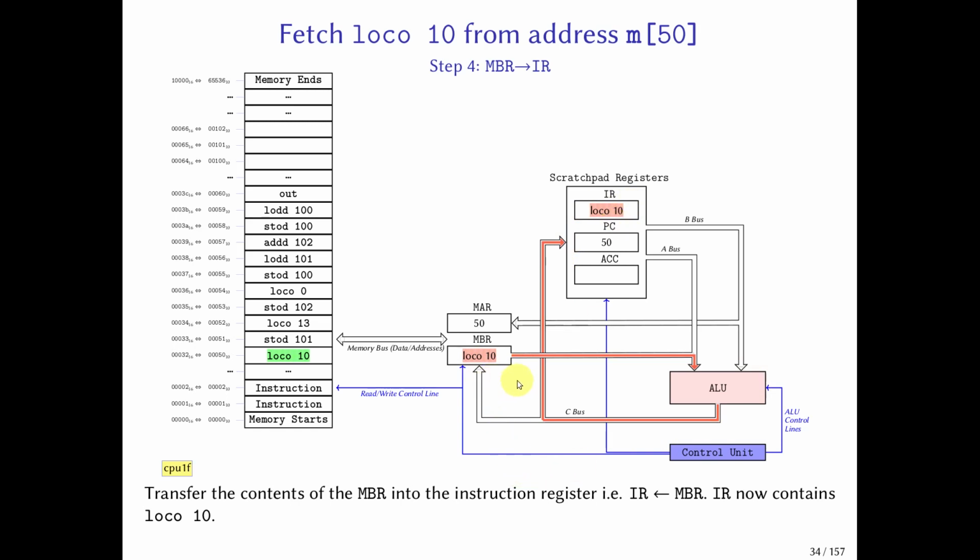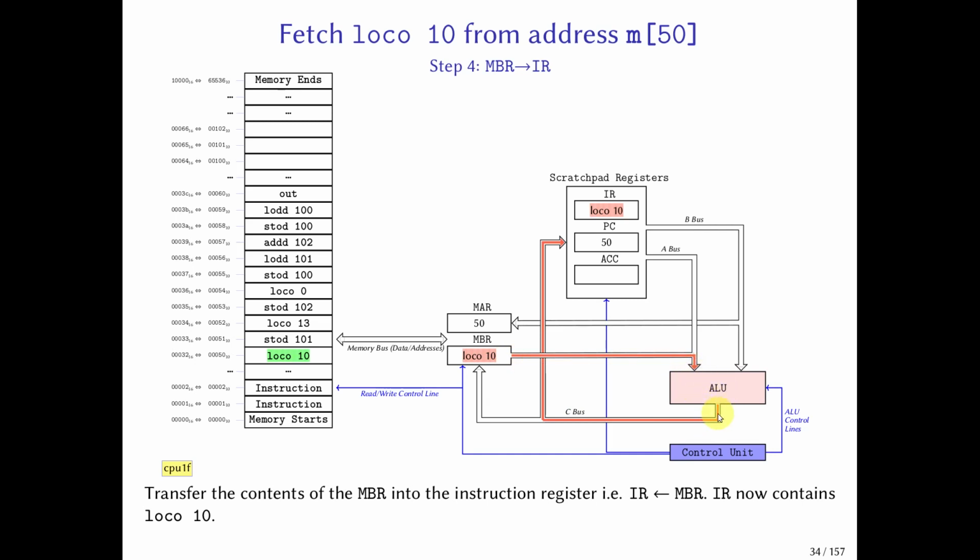You can see that the path taken by the binary bit pattern that represents loco 10 is somewhat awkward. It has to travel through the ALU.